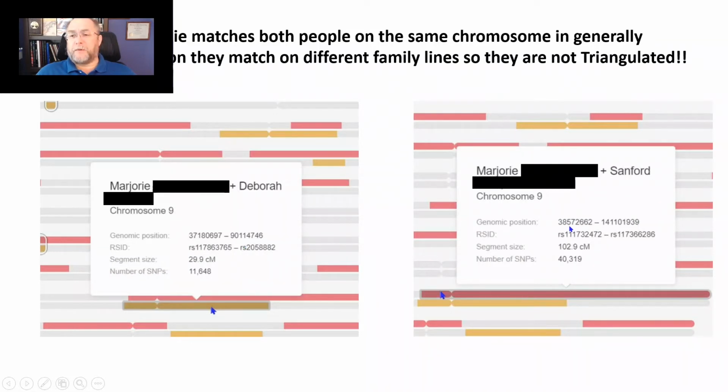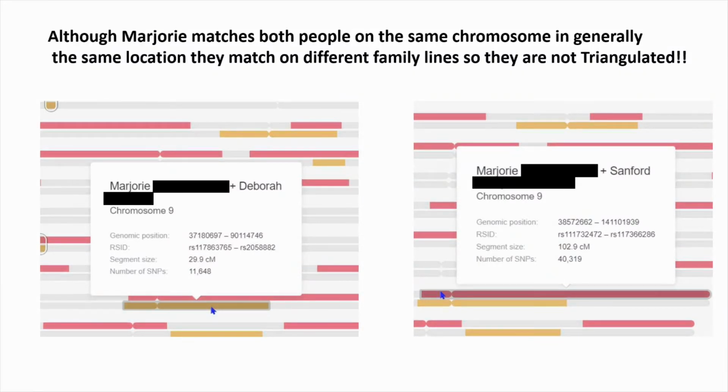This is 38.5 million to 141 million. They're in the same area on chromosome number 9. However, these are not triangulated by MyHeritage, and that's a good thing about MyHeritage, is they help you with understanding where triangulation is and is not. So if you don't see that block around it, don't assume it is a triangulation area. Matter of fact, assume it could be from a totally different family line.